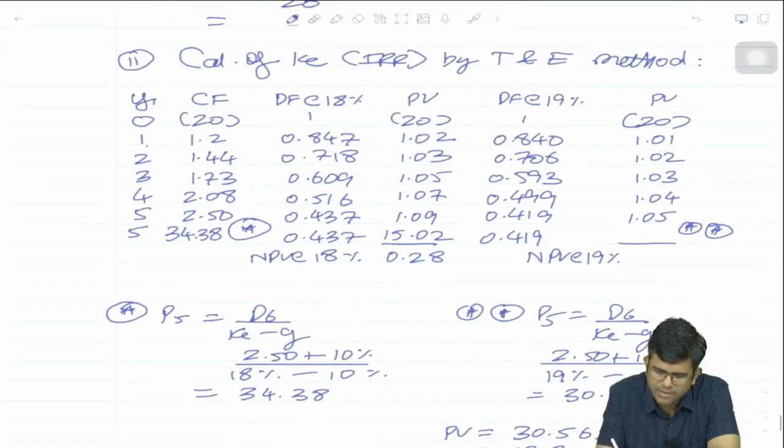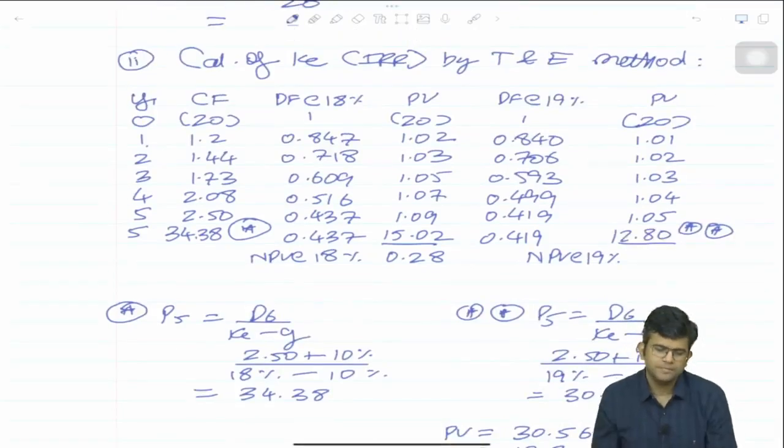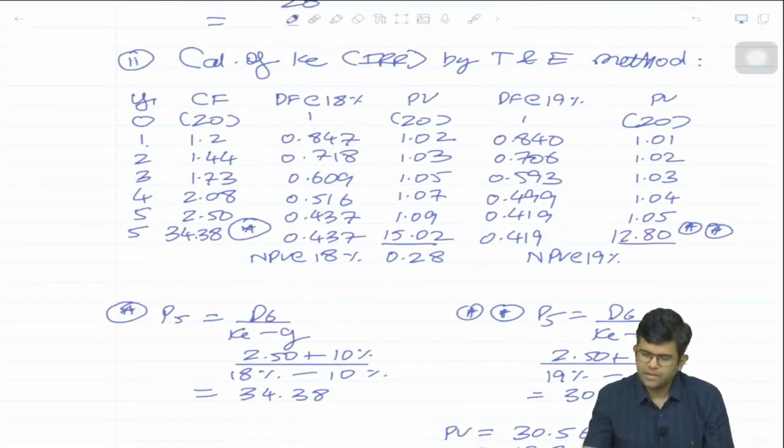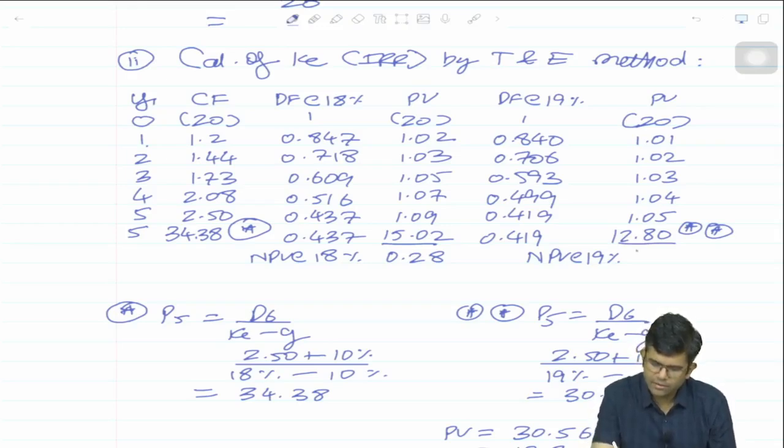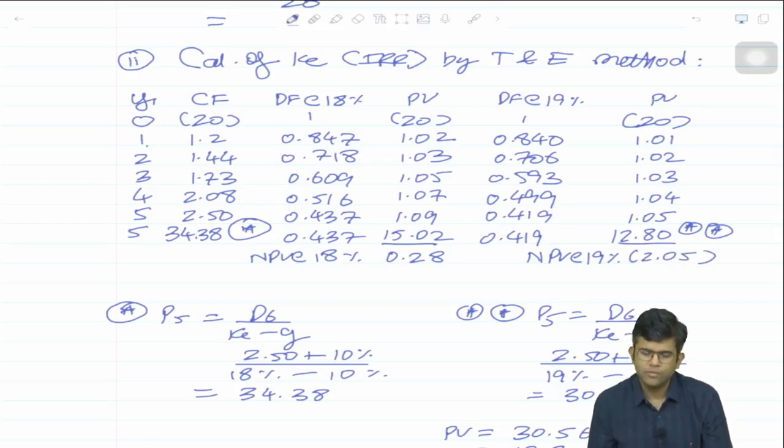So this number here is 12.8. And then we will do minus 20 plus 1.01 plus 1.02 plus 1.03 plus 1.04 plus 1.05 plus 12.8, negative 2.05.